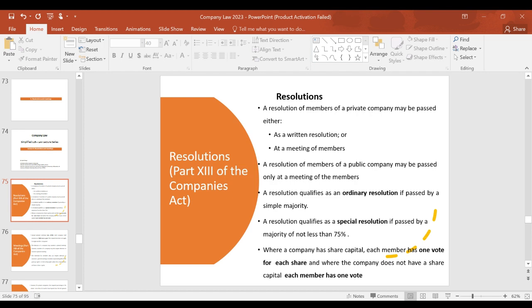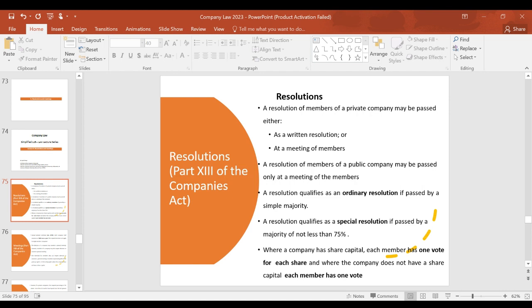Now, how do members vote for these resolutions? Once they have debated on a particular topic or issue and they want to vote, most of the time, as a general practice, each member has one vote for each share that they hold within that particular company. And that is for a company which has a share capital.